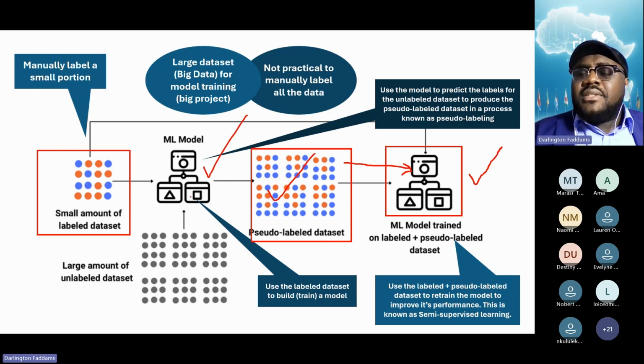But because we really want to make it smarter, we now take the result of the predictions that we have saved and we add it to our original data and we use it to now train it. And so this is a time that it actually becomes more intelligent.